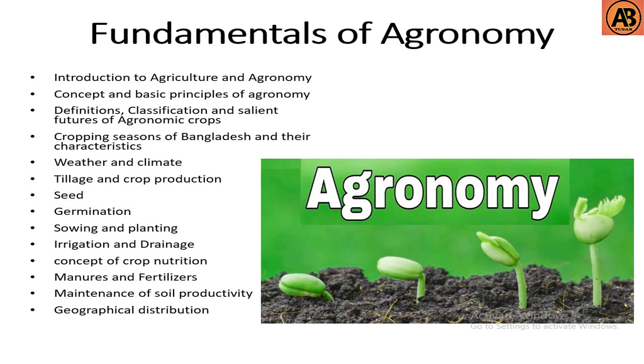In this course we'll learn about fundamentals of agronomy, and in this course the contents are here: introduction to agriculture and agronomy, concept and basic principles of agronomy, definitions, classification and salient features of agronomic crops, cropping seasons of Bangladesh and their characteristics, weather and climate, tillage and crop production, seed, germination, sowing and planting, irrigation and drainage, concept of crop nutrition, manures and fertilizers, maintenance of soil productivity, geographical distribution.